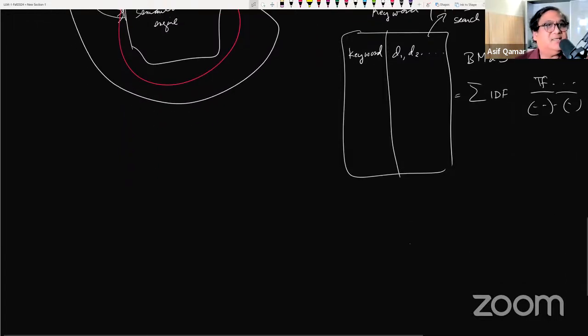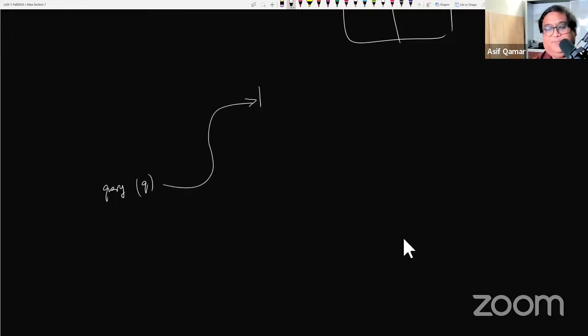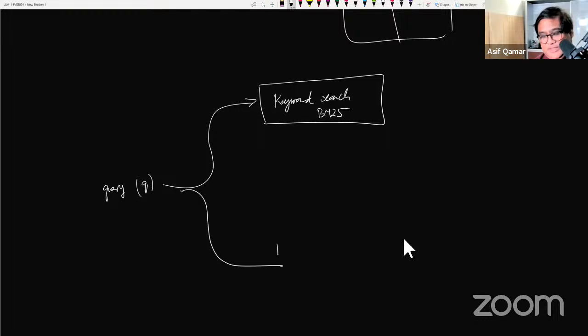So that brings us a question. Can we get this search? Let us focus only on the search results here. Can we take this approach? Given a query Q, you do a fan out. You do a keyword search, let's say BM25, and you do a semantic search.